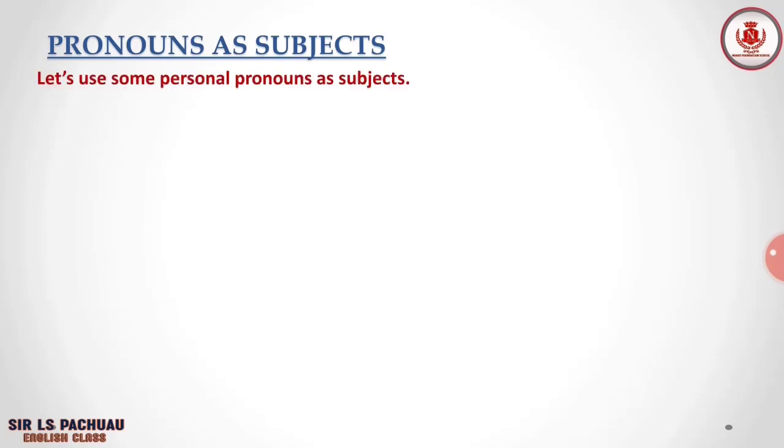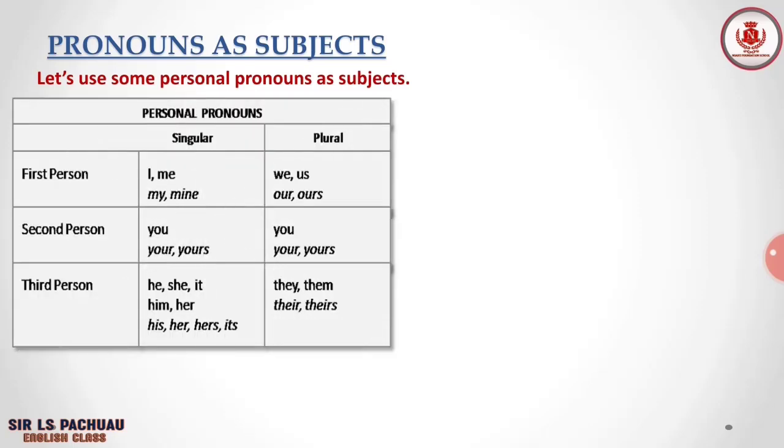Okay, pronouns as subjects. Let's use some personal pronouns as subjects. Like the previous slide, we have subject plus verb plus object again. Here I is the subject, and it's a pronoun, the first person singular pronoun.